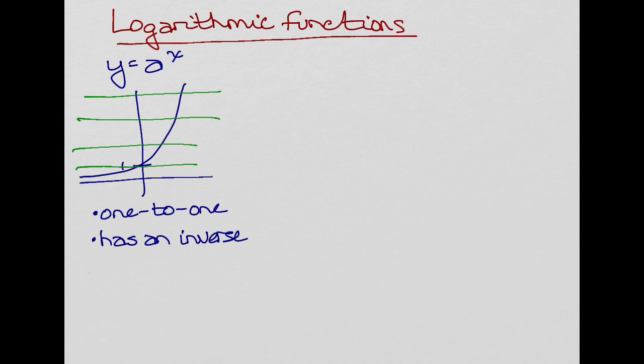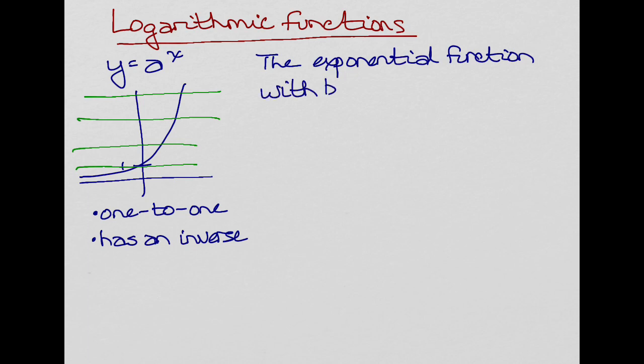So here comes a sentence. The exponential function with base A, and I'm not being specific here, so A can be anything as long as it's positive and not 1. Could be more than 1, less than 1, could be e.